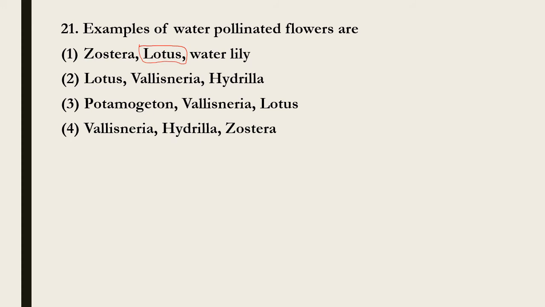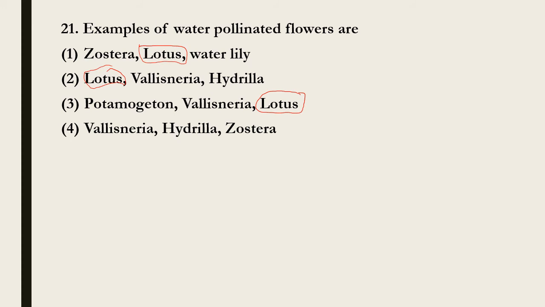Even though the lotus plant is present in water, the flowers are present on the surface, and pollination occurs either by insects or wind. So the first and second options have lotus, and the third option also has lotus. In these three options, only two are water pollinated. Lotus is not a water pollinating flower.